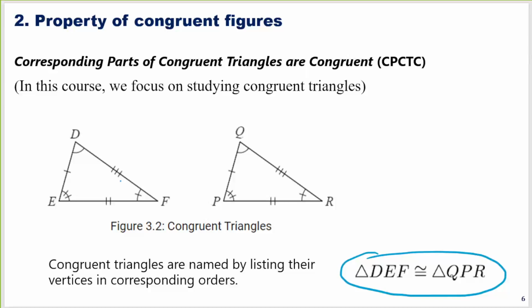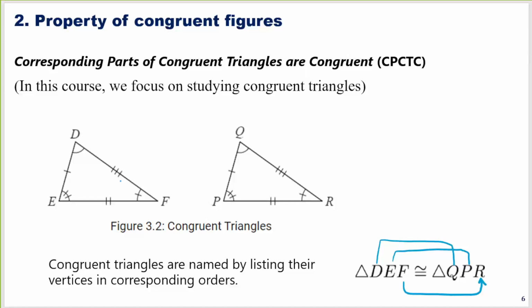Usually, congruent triangles are named by listing their vertices in corresponding order, okay? Here, D corresponds with Q, E corresponds with P, F corresponds with R. Therefore, we list the three vertices in this order.